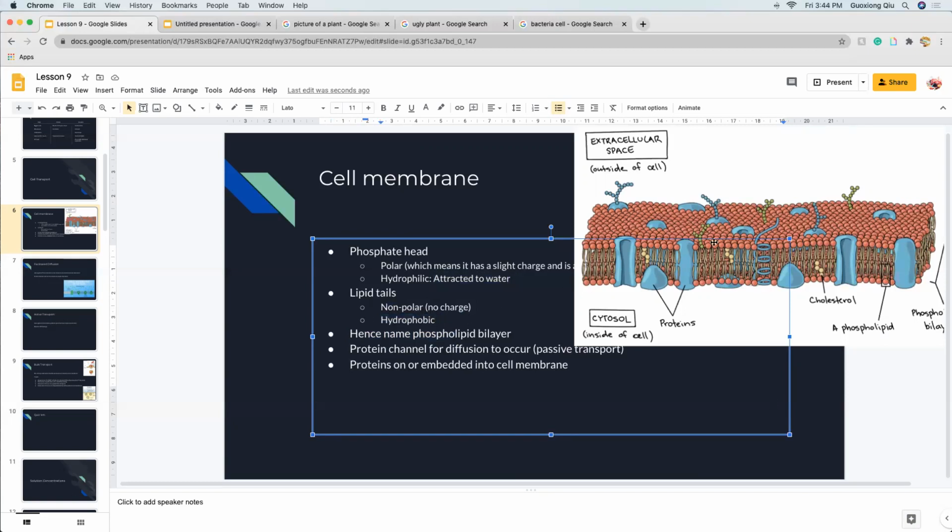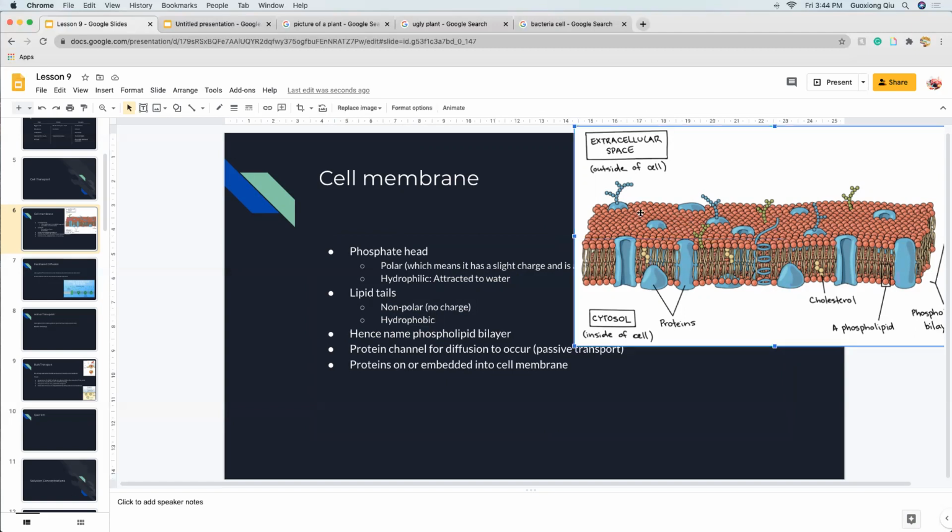So if you look here in the cell membrane, the sides that face out are the phosphate heads, and the sides that face inside, kind of in the cell, are the lipid tails. Why? Well, your phosphate heads are attracted to water, or not afraid of water.